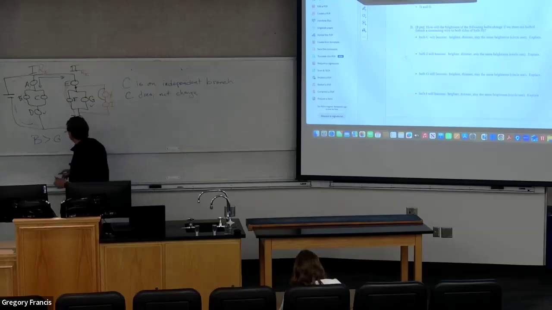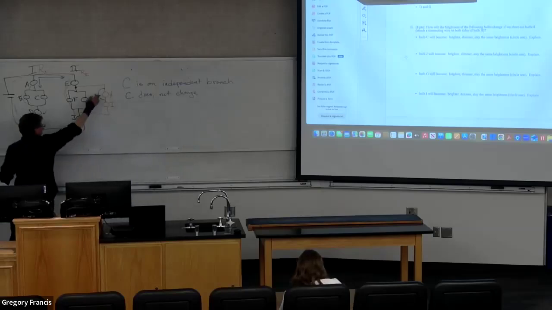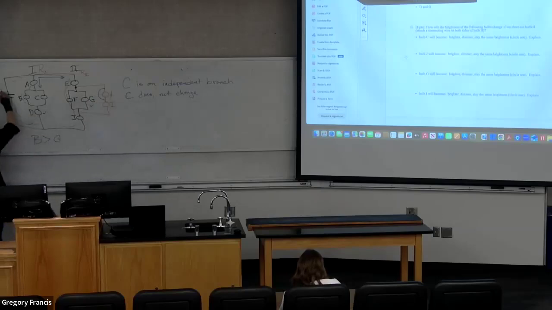Now, to be clear, I've added a new path. The current through the battery will increase, but this path is independent of that path, so this current stays the same.